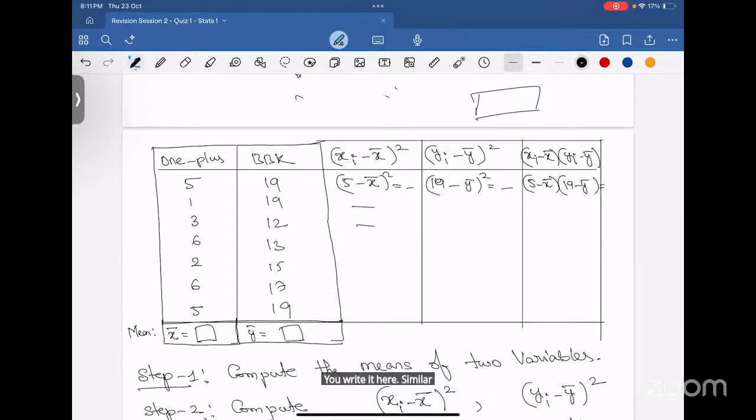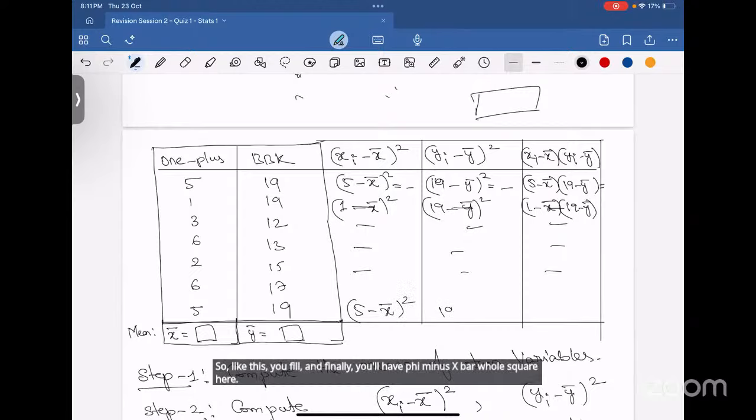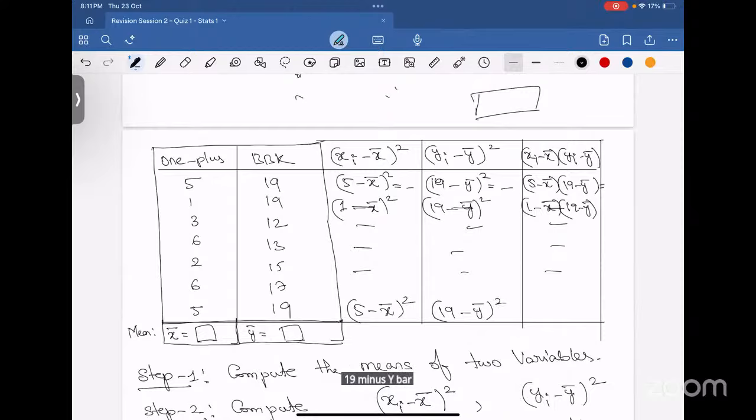Similarly, you fill all these values. Okay, so second one, it will be 1 minus x bar whole square. This is 19 minus y bar whole square. And this will be 1 minus x bar into 19 minus y bar. So like this you fill, and finally you will have 5 minus x bar whole square here, 19 minus y bar whole square here, and this will be 5 minus x bar into 19 minus y bar.